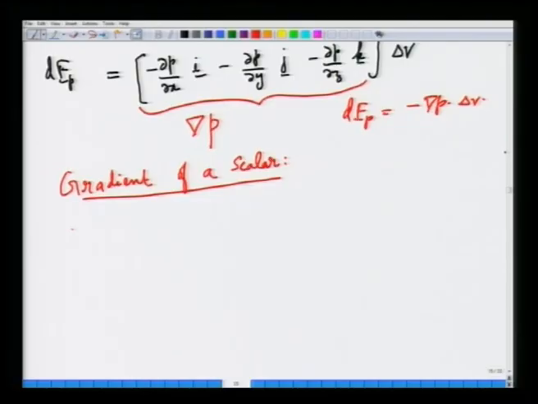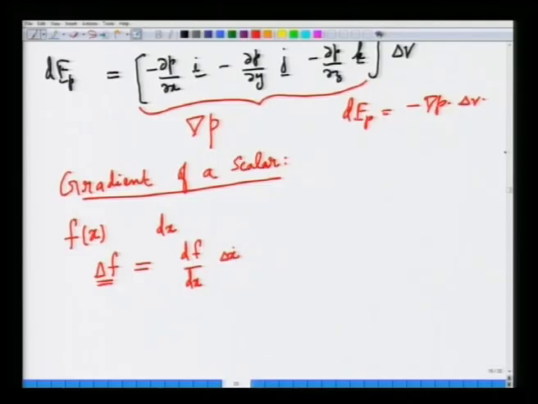Suppose I have a function that is a function of only one variable, f of x. Now, if I change the value of x by an amount dx, the function f will change. The delta f, the change incurred in the function as you change x by delta x, is from the definition of calculus df dx times delta x.